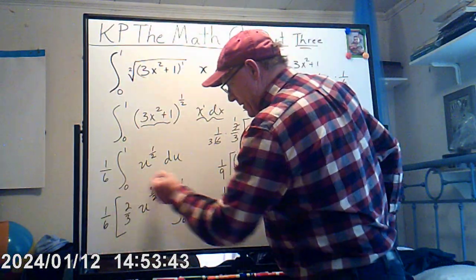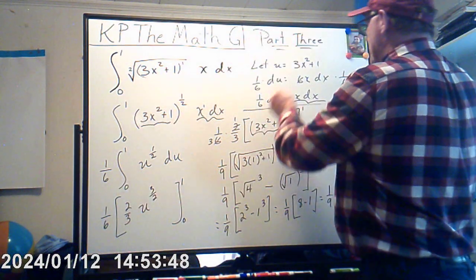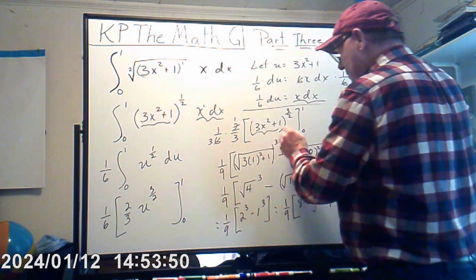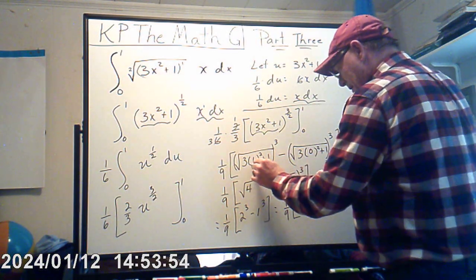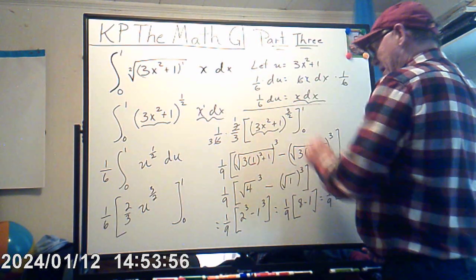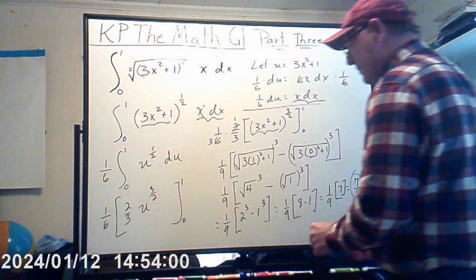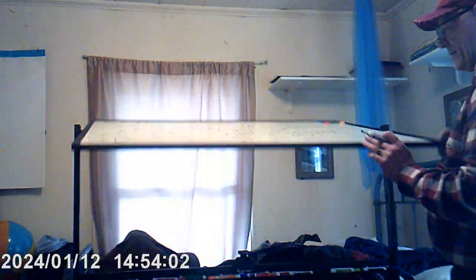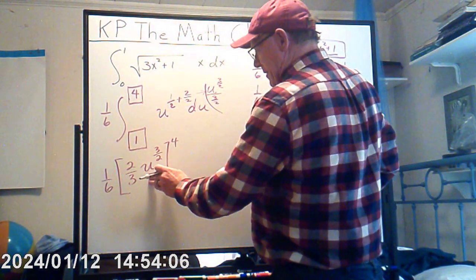That does not change here. But remember, we substituted this back into u and then plugged in the 1 and the 0. That remained the same, didn't it? You see the difference in the two? But this time, since we have changed that, we're going to leave it in terms of u.